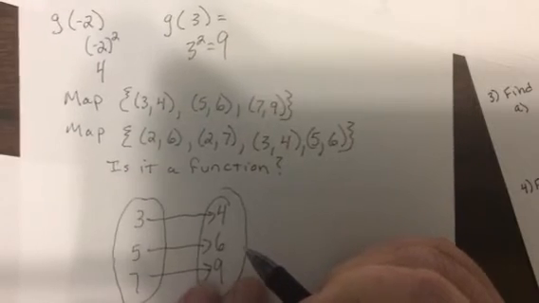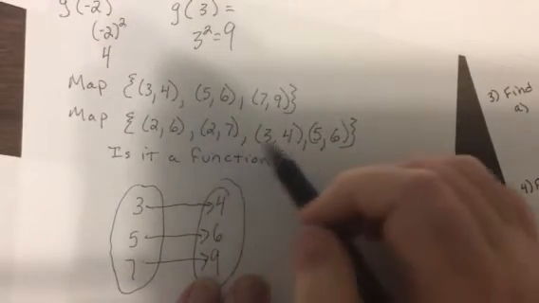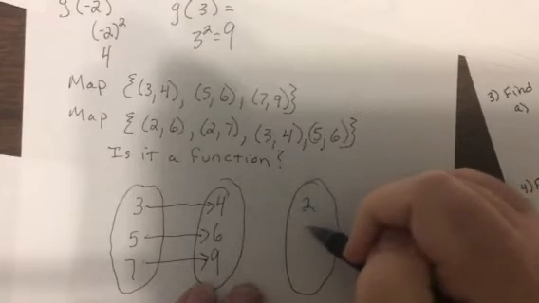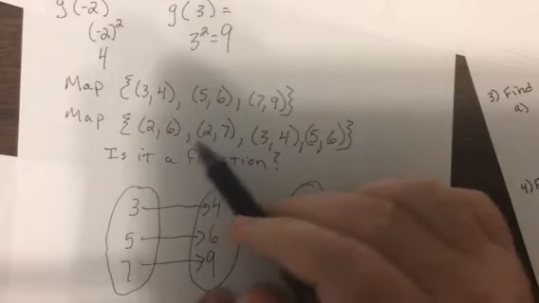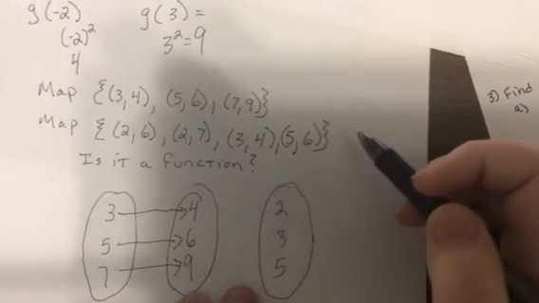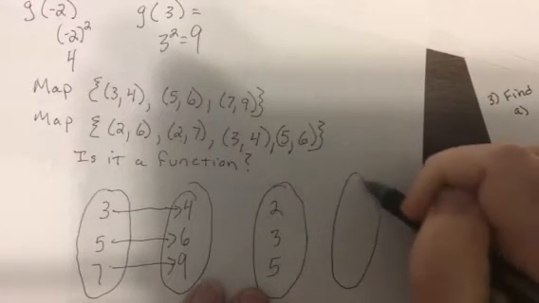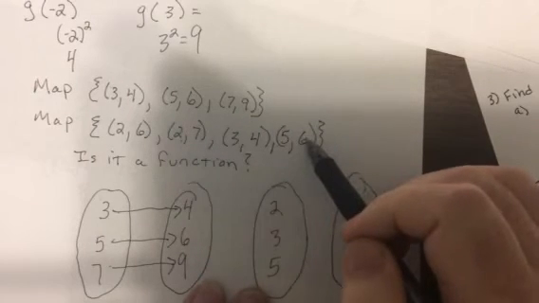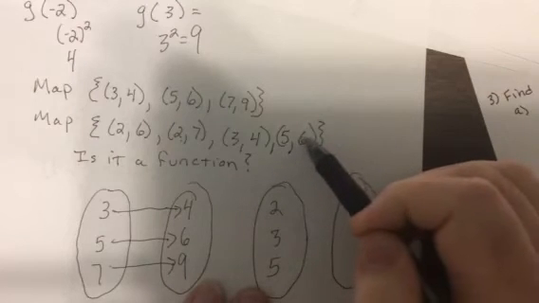Now let's try the next one, this mapping. So I have 2, 3, and 5. And I got 6, 7, 4, and 6. Now, I have 2 6s, so I never write it more than once.